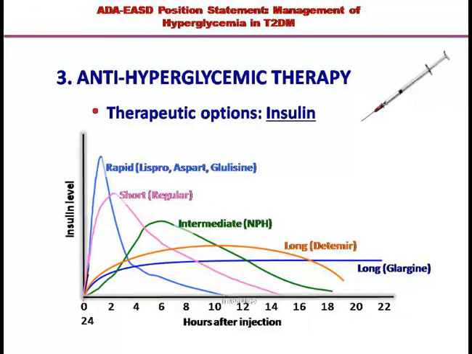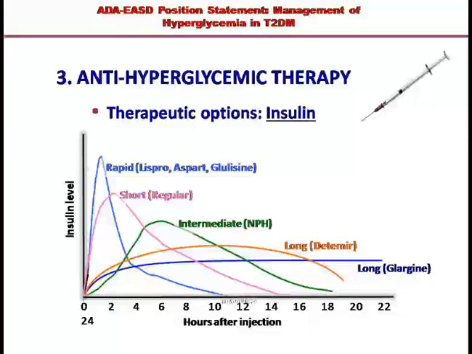One is human insulin and the other is analogs, what you call designer insulin. There is not much difference between the two types of insulin, except that the analog or designer insulin is more convenient because you can take it just before a meal or even with the meal. So you don't have to wait for half an hour or 45 minutes because these are all monomeric insulins.